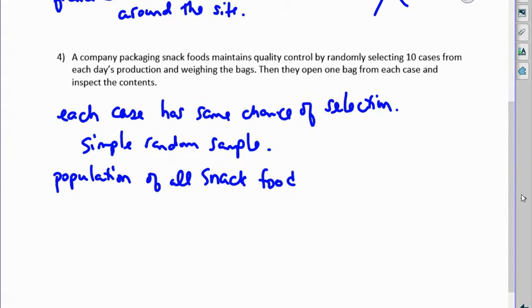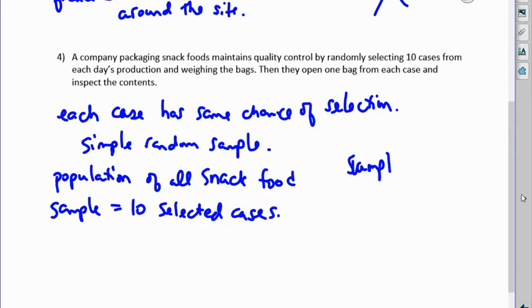And then they're going to have a sample that's going to be the 10 selected cases. So the smallest unit, our sampling unit in this case, is a case. That's the smallest amount that you're going to select. And then you're going to take that case and weigh the production contents inside that case.